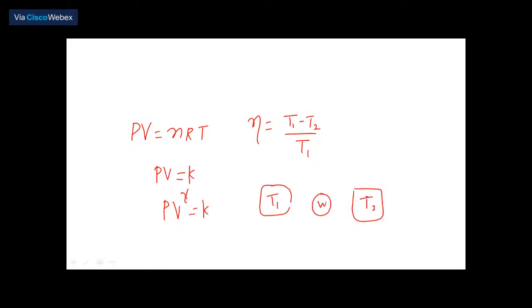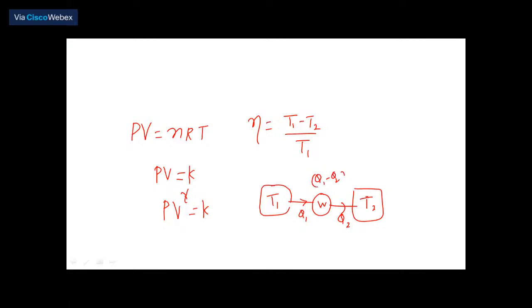From the source, Q1 amount of heat is supplied to the working substance, and Q2 amount of heat is rejected to the sink. Therefore, heat energy used for work done is given by Q1 minus Q2. Q1 minus Q2 amount of work will be done by the working substance.